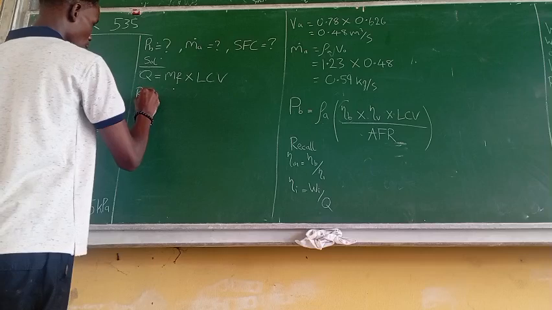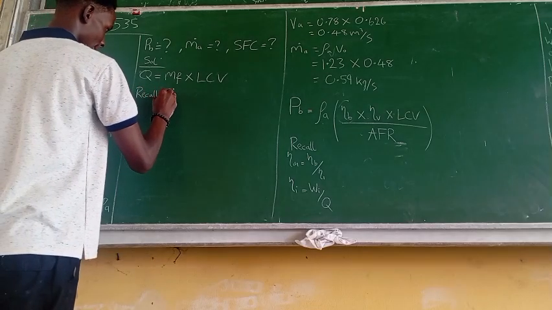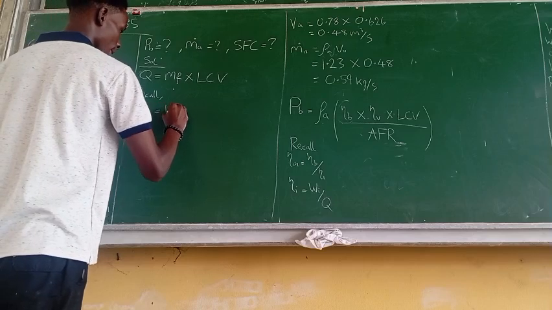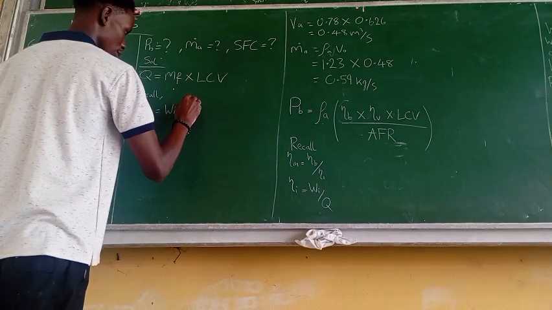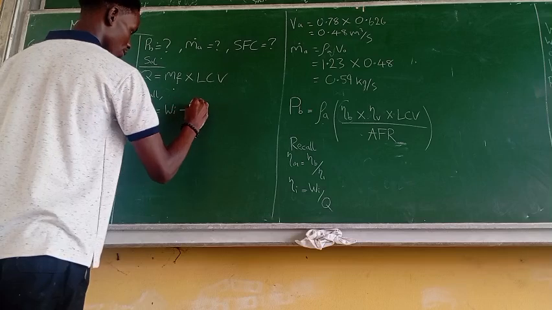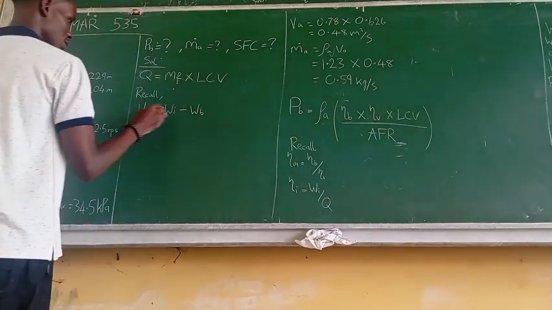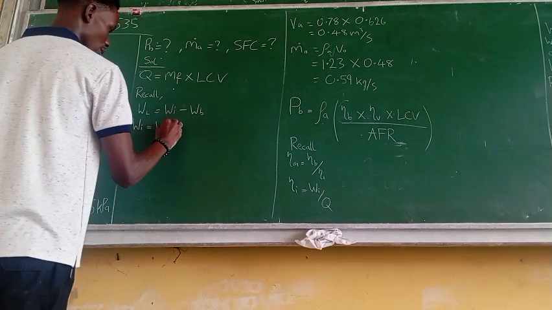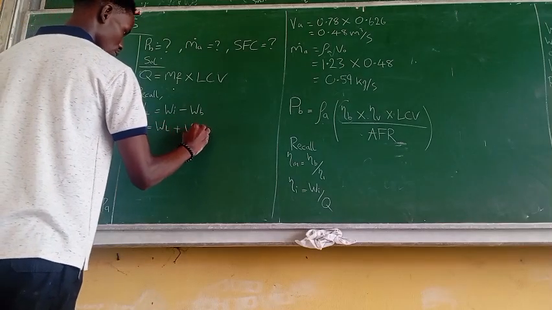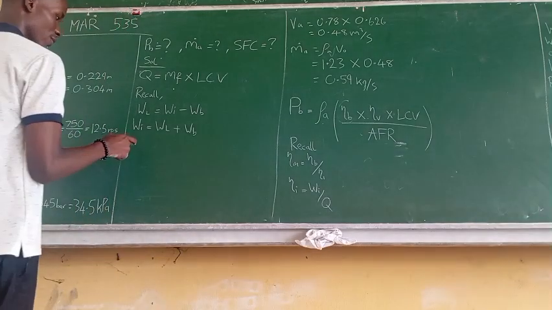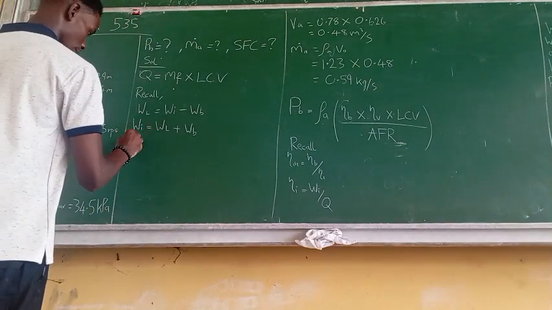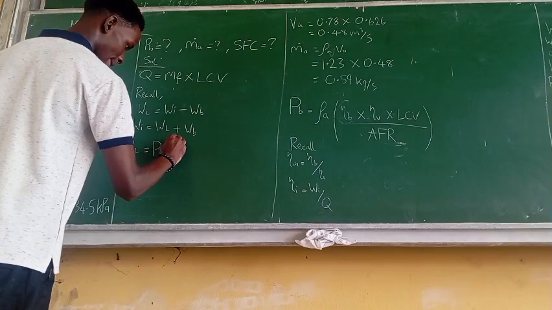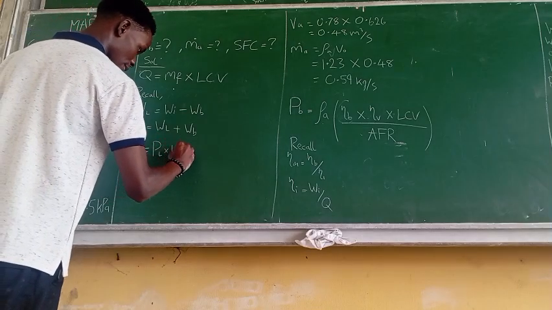Recall that WL is equal to WI minus WB. Making WI subject of the formula, WI is equal to WL plus WB. WL can be found with PL times lambda.